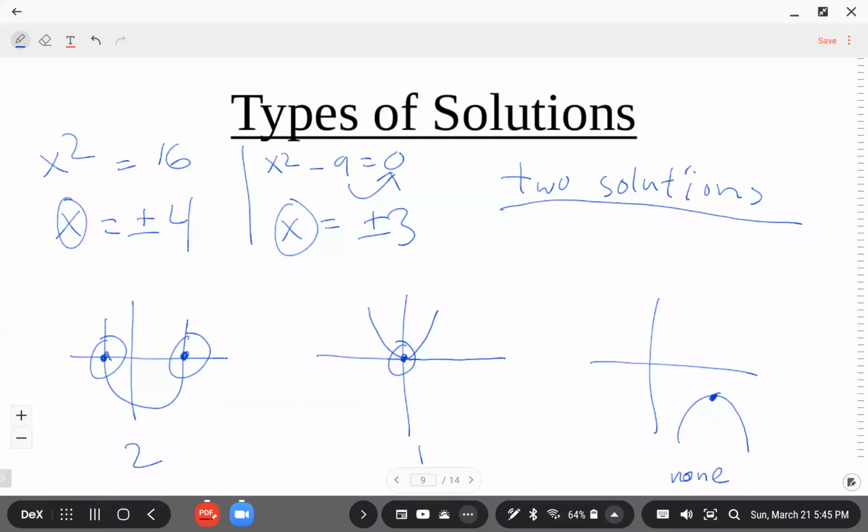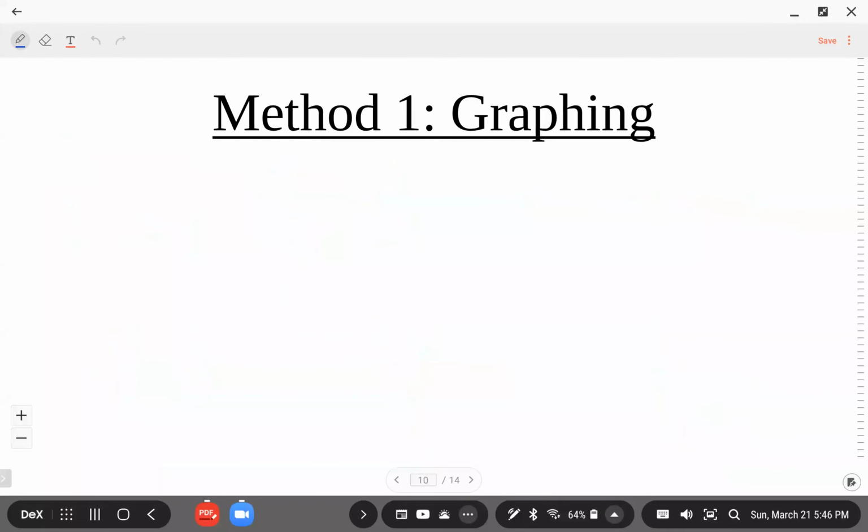But most of the problems we're doing today have 2 solutions. One solution is when 0 is x, and that's relatively rare, but still keep an eye on that. So method 1, how to solve: we can solve by graphing.